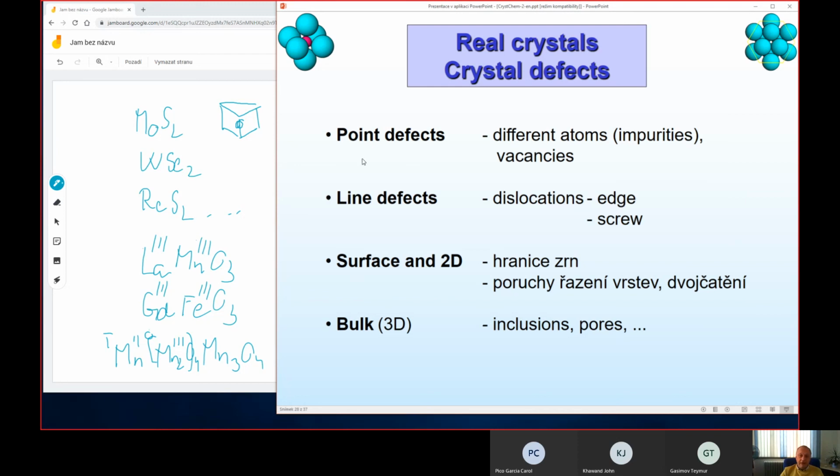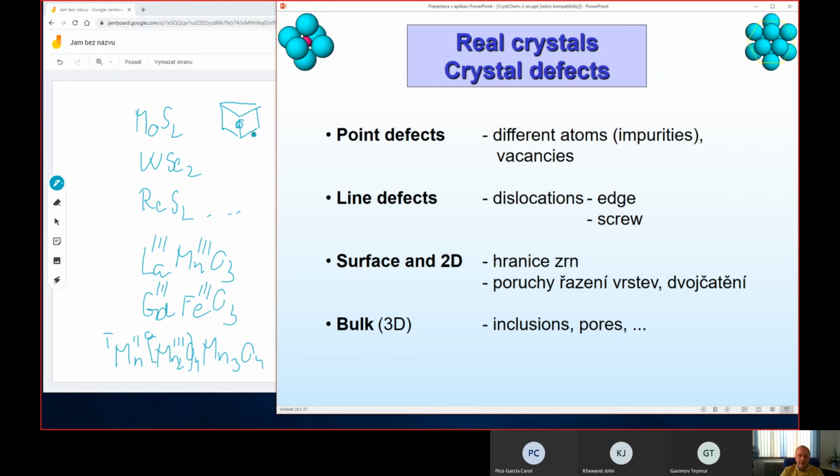We can classify the defects as point defects, line-like dislocations, surface defects like phase boundaries or grain boundaries, or stacking faults, where a specific order of layers is disrupted, or bulk defects like inclusions or pores.